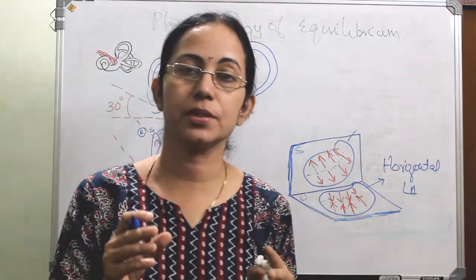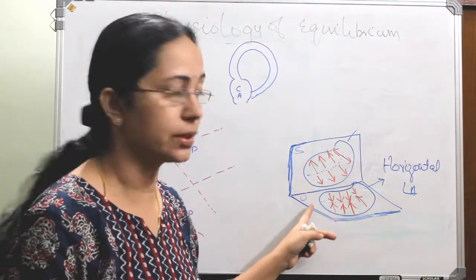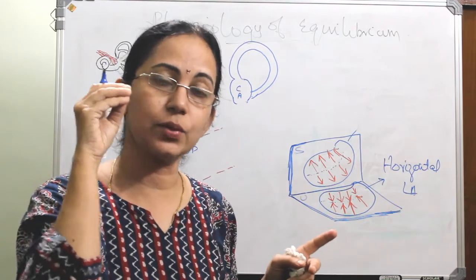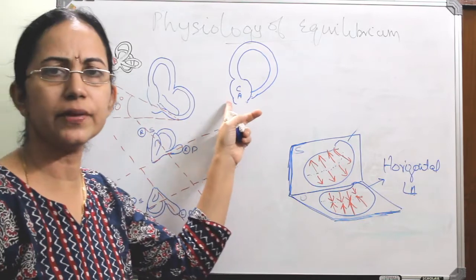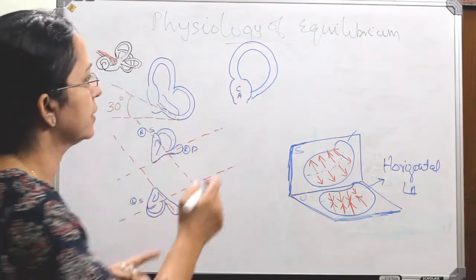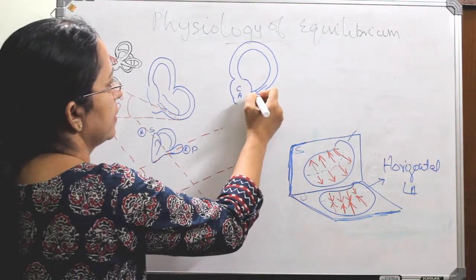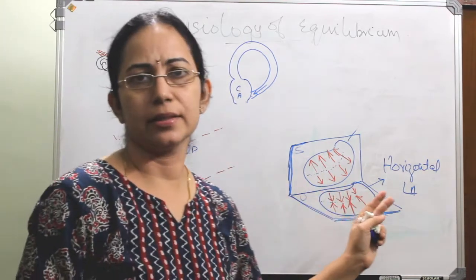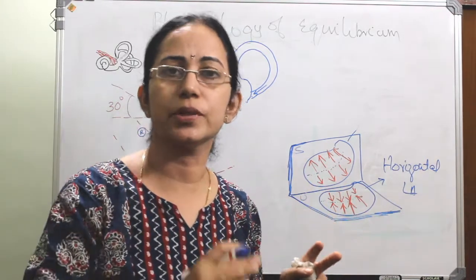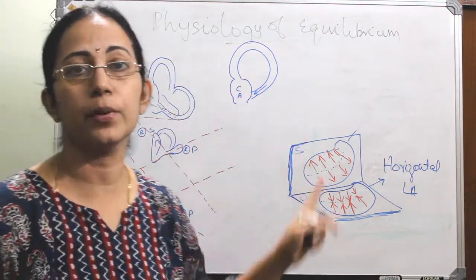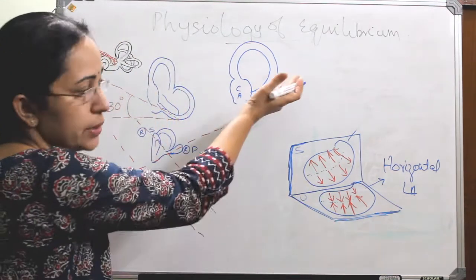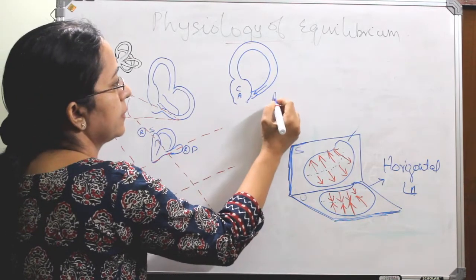This horizontal semicircular canal is in love with the utricle. It sits there always looking towards the utricle, and if there is a stimulation, there is utriculopetal movement, that is the kinocilium moves towards the utricle, or there will be ampullopetal movement, that is towards the ampulla.